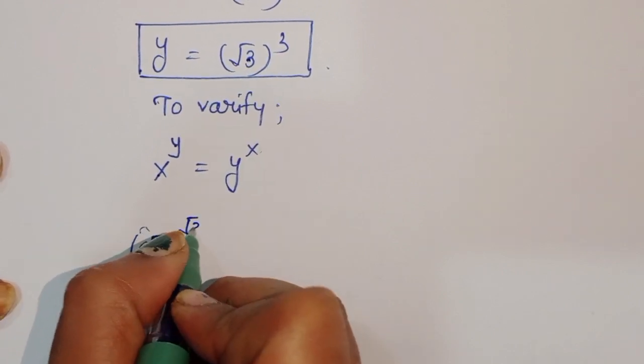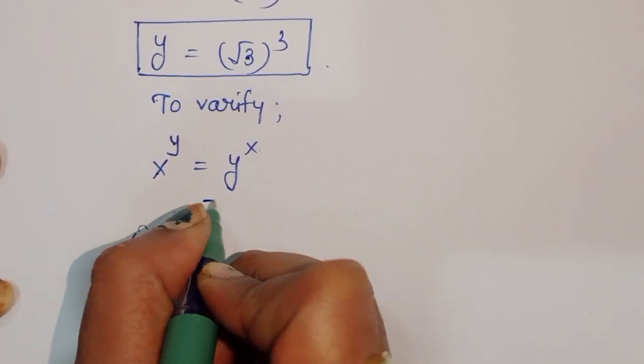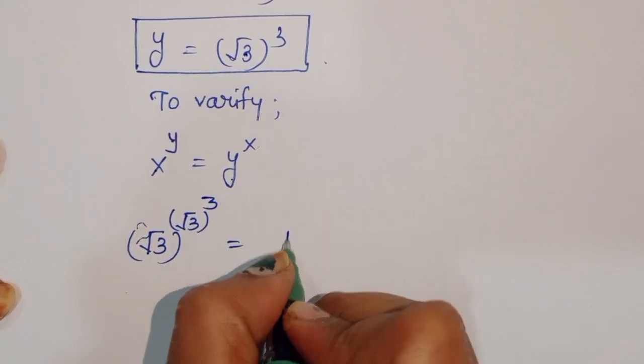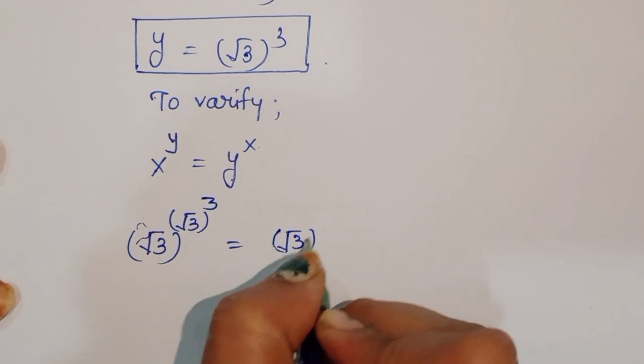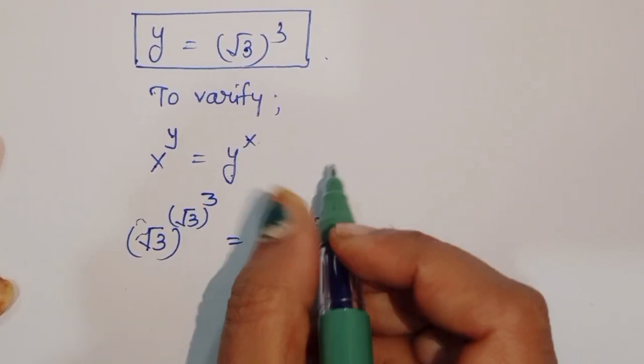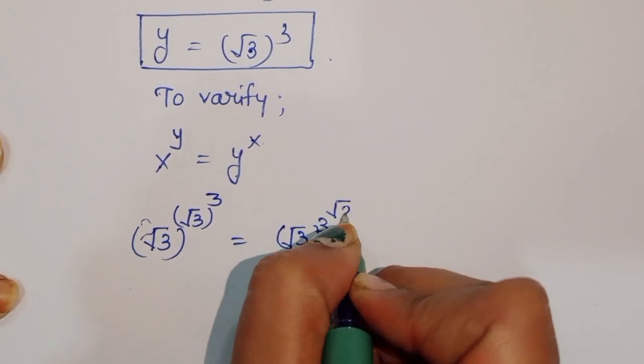Square root of 3 raised to 3 is equal to y raised to x, that is square root of 3.